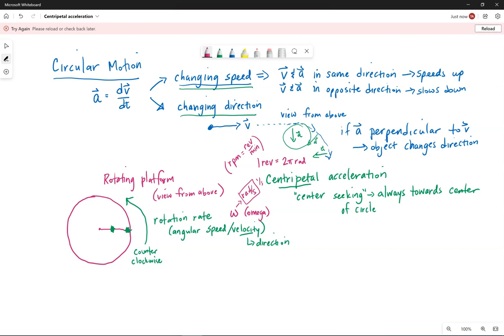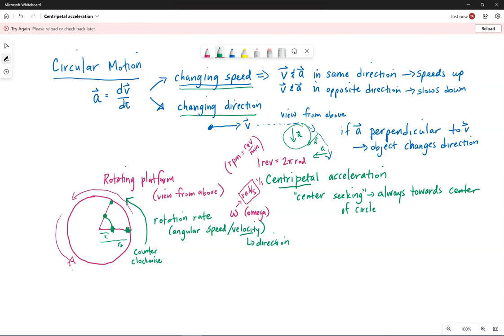So back to this rotating platform. As this disk rotates, so do the two masses sitting on the platform. At some moment in time later, these two masses are still the same distance from the center as they were to begin with.